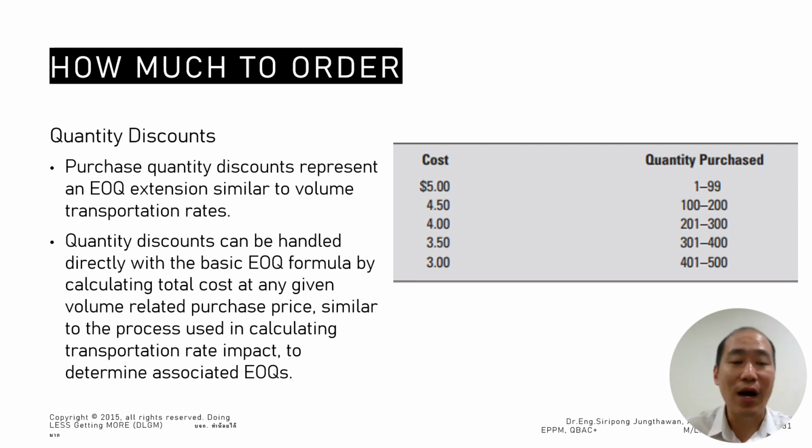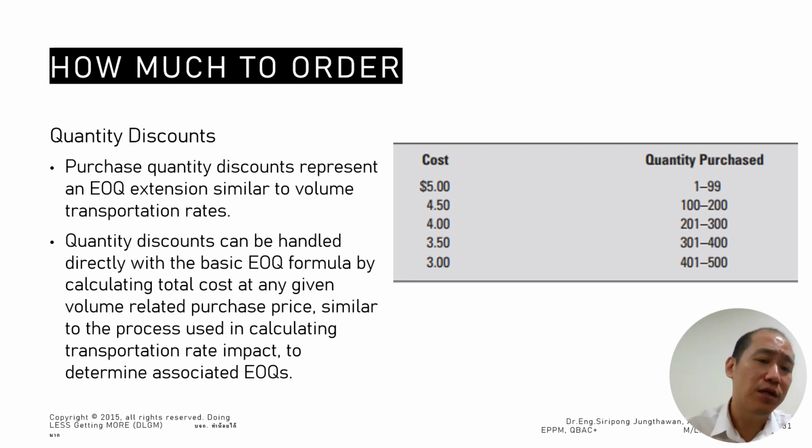You can see if you buy 100, the cost is 4.5. If you buy 300, it is four bucks per unit. If you buy more, like 401, you get three bucks per unit.